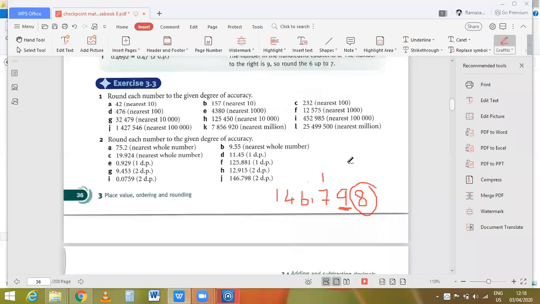Up means you will add one more to the 9 here. 79 plus 1, it is 80. So I will just write 146.80. Okay? Thanks, teacher. You're welcome.